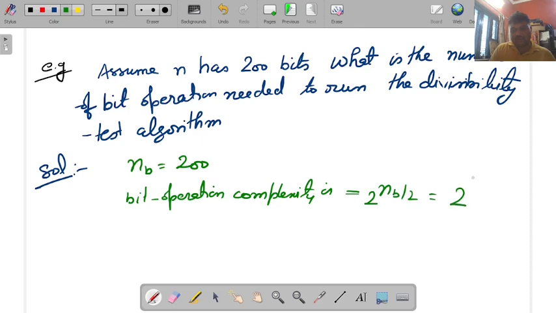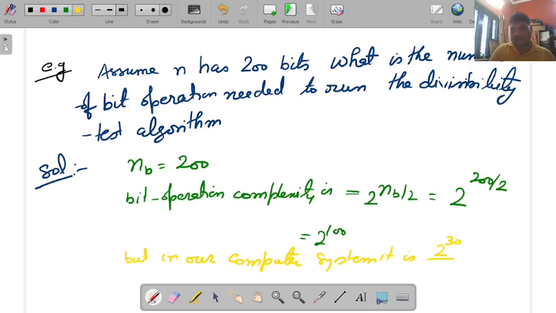If you do this, 2 to the power 200 by 2, it means it is 2 to the power 100. But in our computer system, the operations per second are only 2 to the power 30. So the question is, from where can you get the remaining 2 to the power 70? This is a problem here. That's why it is infeasible.